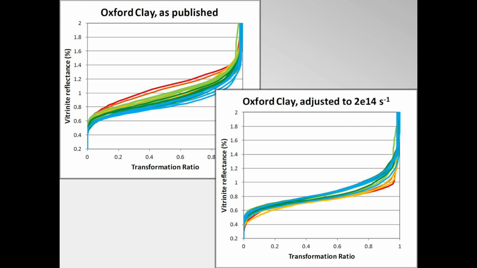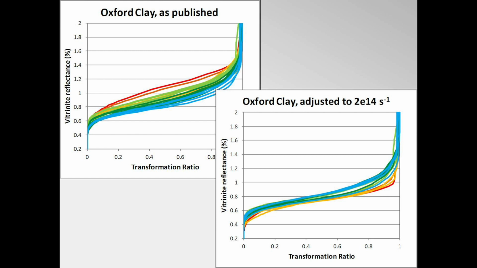Here is the same plot for the Oxford clay, as published in the upper left and adjusted to a standard A factor of 2E14 in the lower right. Here we notice that we may in fact have gone too far in our adjustment, because what we see is that instead of being slow, the red samples with the original high A factors are now going fastest.